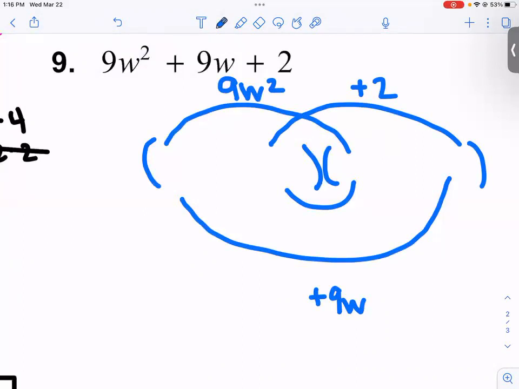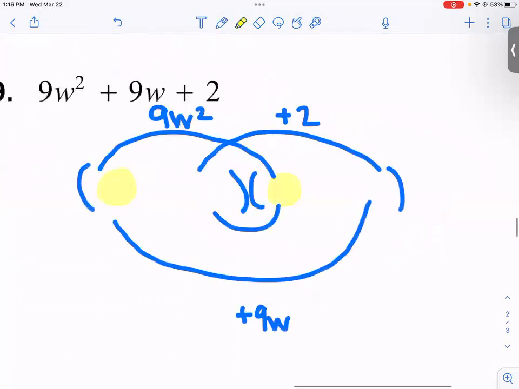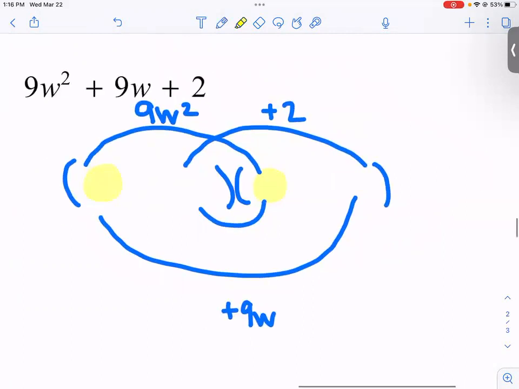That would be an option. So if we're thinking about what multiplies to 9w squared, we have 2 options, right? We have 9w times w, or we have 3w times 3w.